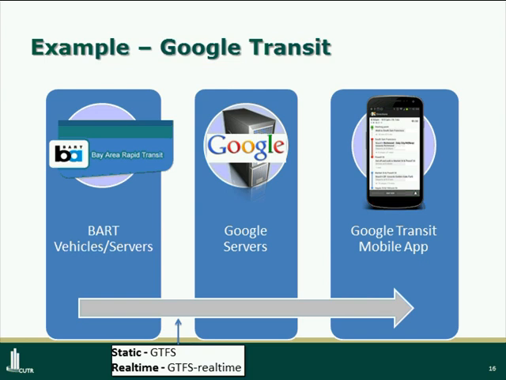So this is an example of BART sharing the information, and both the aggregator tier and the mobile device tier, the consumer tier, are implemented by a completely separate entity, in this case the vendor Google. But it's also important to note that because BART shares their GTFS and GTFS real-time data openly to the public, really any third party could come in and replicate the exact same service that Google is providing.